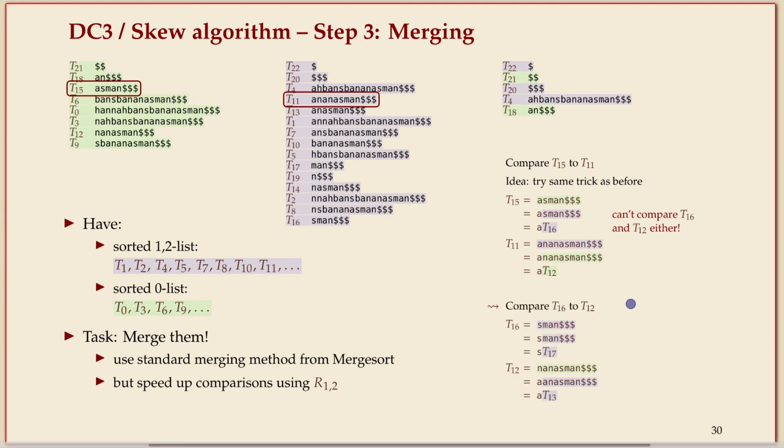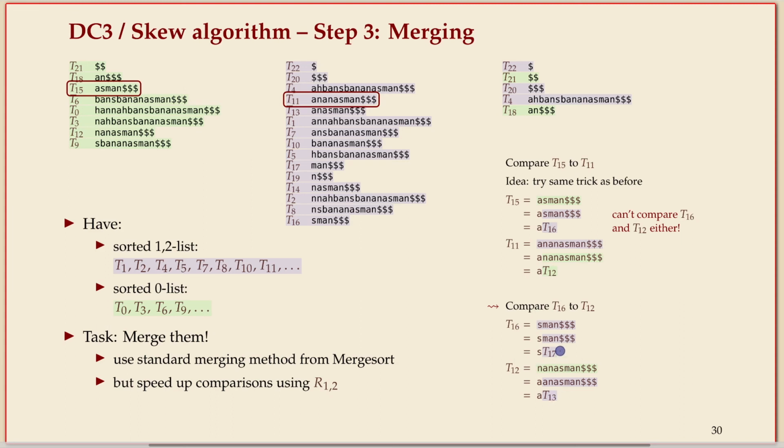The trick here is to go 1 further character, and then it always works. I'll comment on that after the example. So if you take those 2 that we still could not compare, and you do the trick 1 more time, you're always guaranteed to end up with 2 blues, either after the first or after both steps.